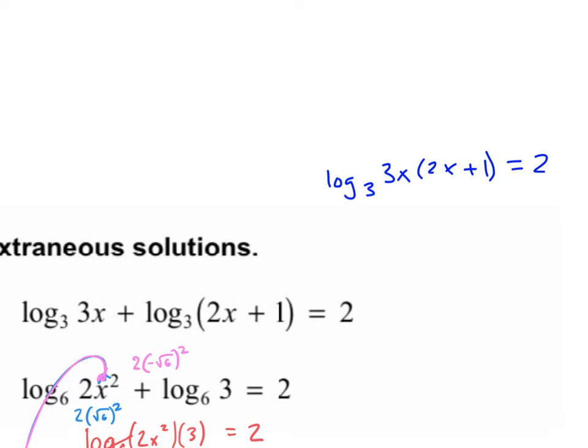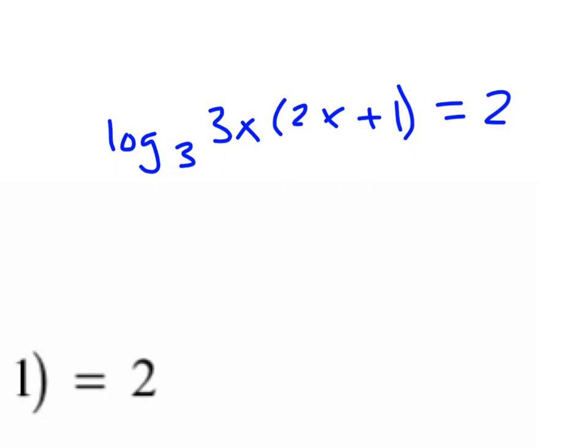What should we do next? We can distribute the 3x. So this would be log base 3 of 6x squared plus 3x is equal to 2.